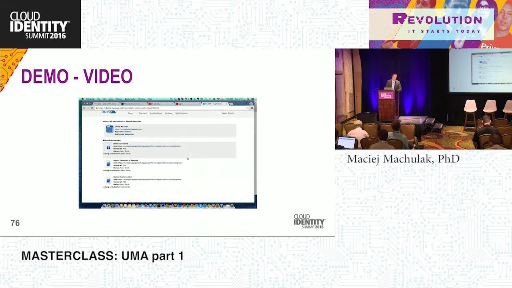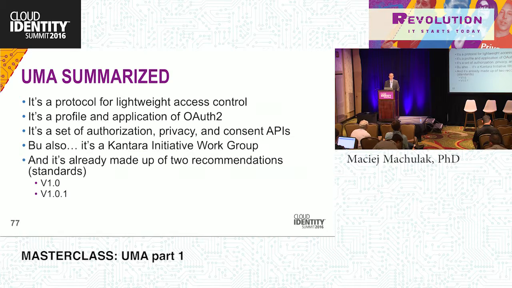And I think we actually should be having a short break right now, but just to summarize very briefly. UMA is a protocol for lightweight access control. It's a profile and an application of the OAuth framework, and it's a set of APIs: the authorization API for the clients, and the privacy and consent APIs for the resource servers.